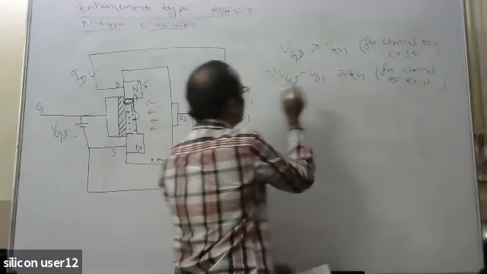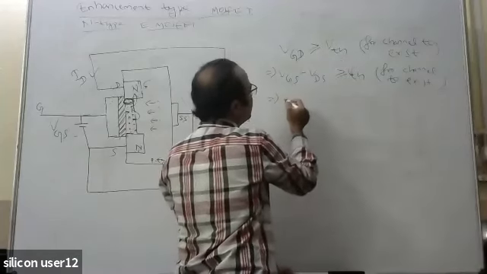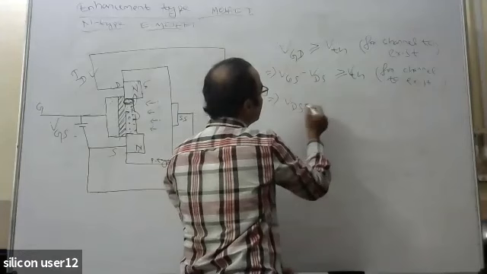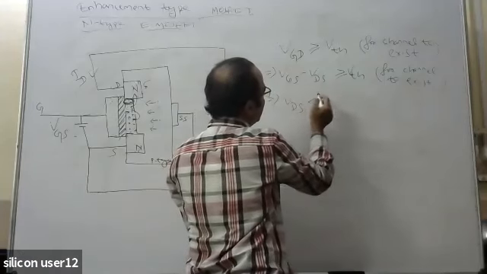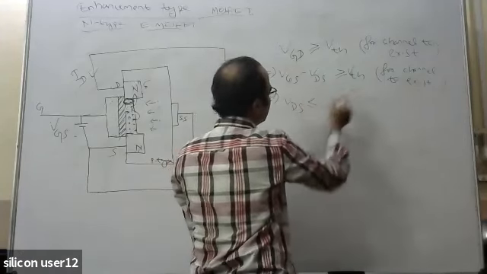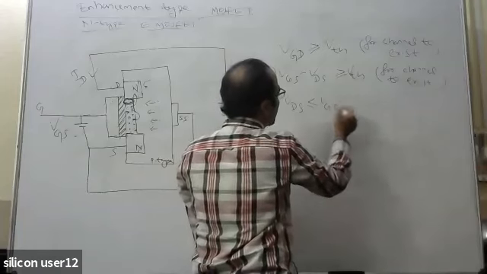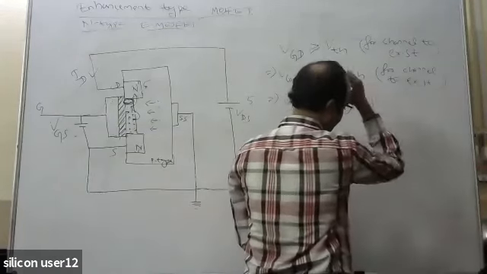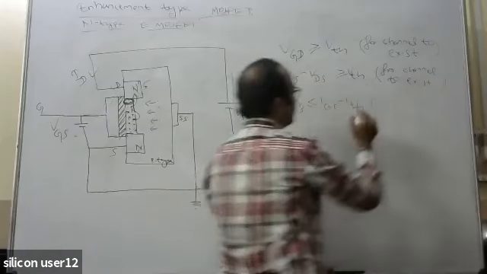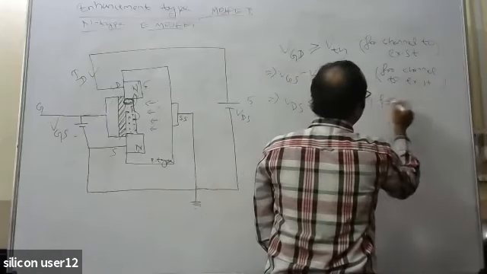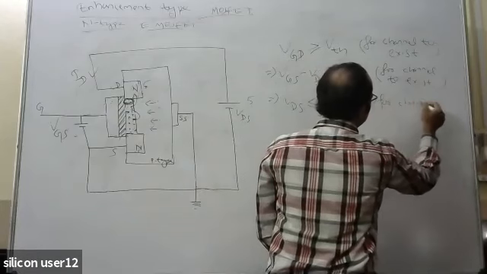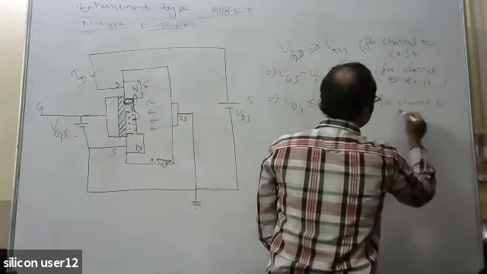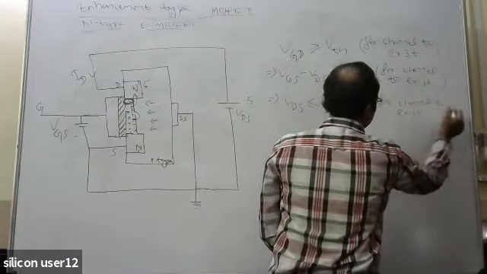Or your VDS should be less than or equal to, taking it to the side, VGS minus VTH for the channel to exist.